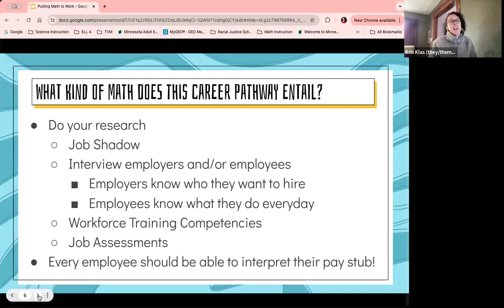And so if you don't include math in any other aspect, make sure students are capable of looking at that pay stub and understanding, like, these are the hours I know I worked. This is what overtime looks like. This is how much I made, and then where some of this money is going for taxes and other things that are being taken out of that pay stub.